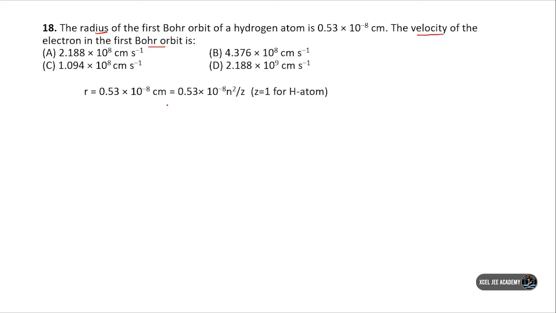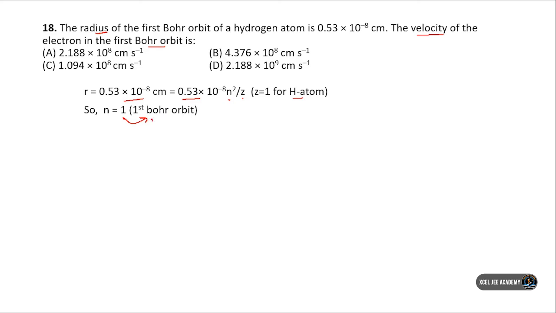The formula of radius is equal to 0.53 into 10 to the power minus 8 multiplied by n square by z, where n is the Bohr orbit and z is the atomic number of that particular atom. Here the value of z is equal to 1 since it is a hydrogen atom. So on comparing these two values, we can say that the value of n will be equal to 1. So our orbit is the first Bohr orbit.